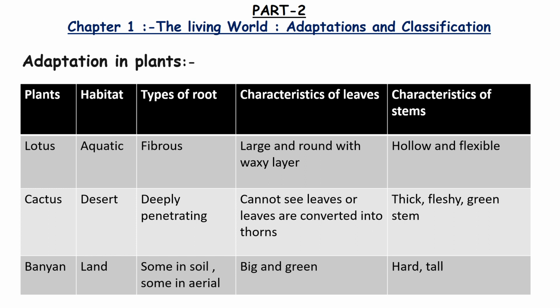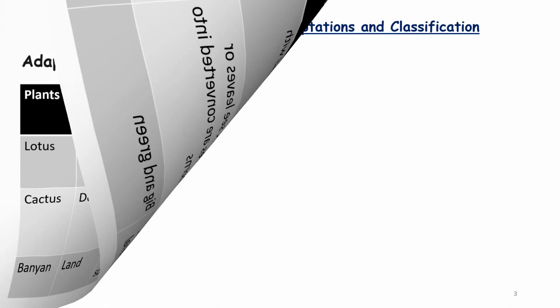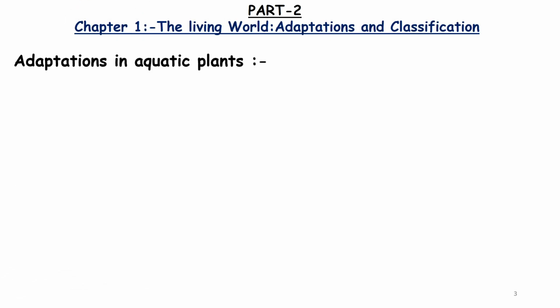Now, in this topic, we are going to learn some points. Okay. First point is adaptation in aquatic plants. So you might have gone to the various water bodies such as river, brook, pond, lake in your surroundings. Yes? So what differences do you observe between the terrestrial and aquatic plants?